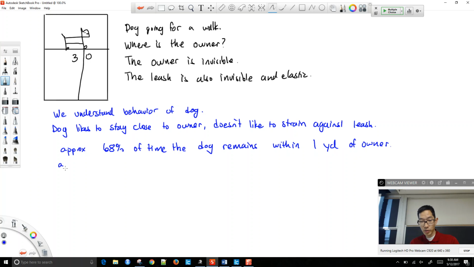And approximately 95% of the time, the dog remains within 2 yards of the owner.